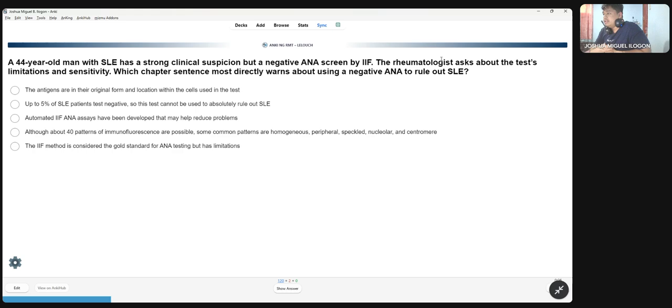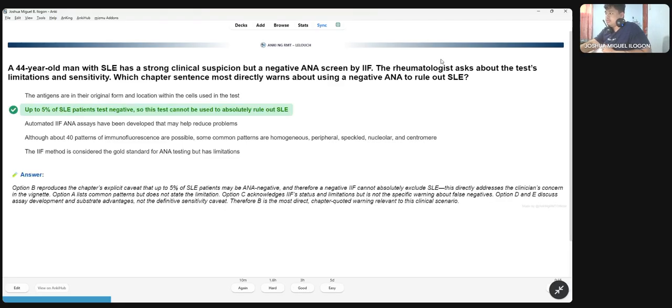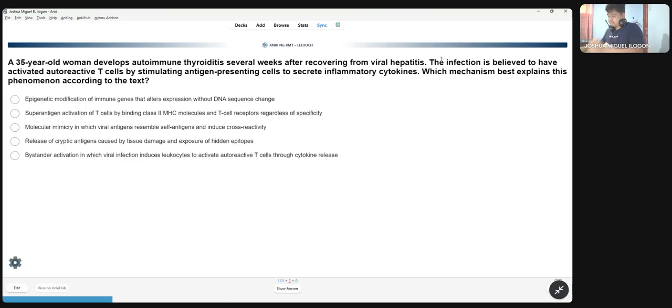Negative ANA screened by IIF, the rheumatologist asks about the test's limitations and sensitivity. Negative ANA patterns. Oh, alright. I just realized my book is filled with a lot of notes.